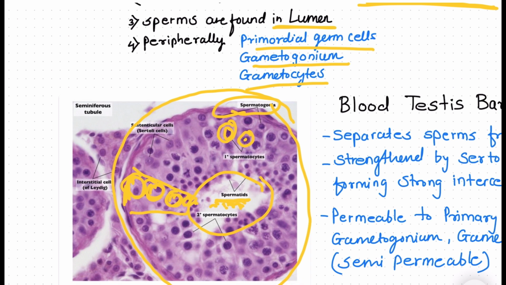These interstitial cells are found here. Suppose here is a seminiferous tubule and another is here and another here, the Leydig cells are found somewhere in between those seminiferous tubules.